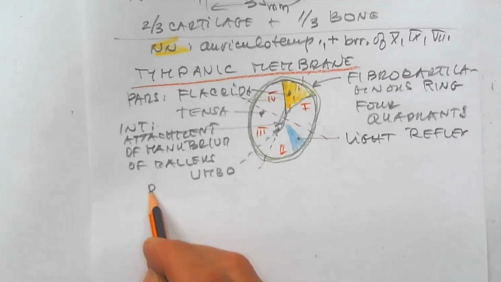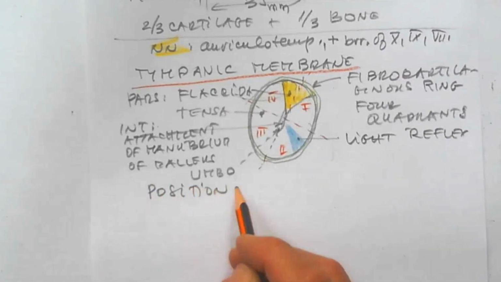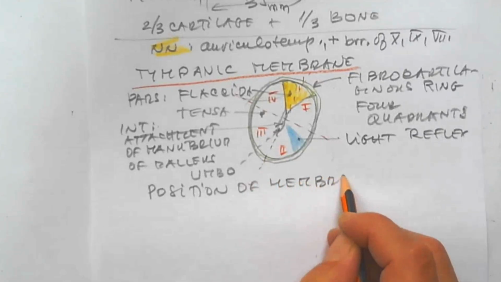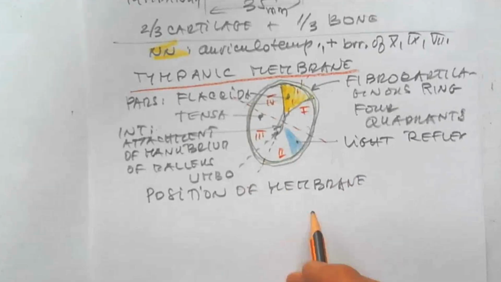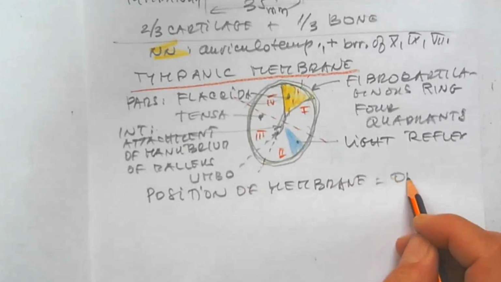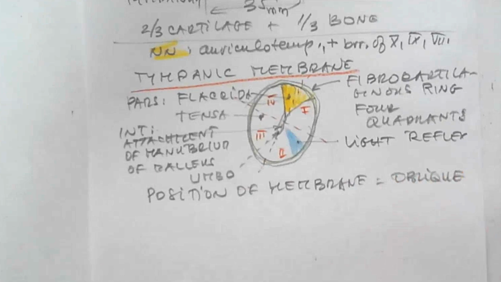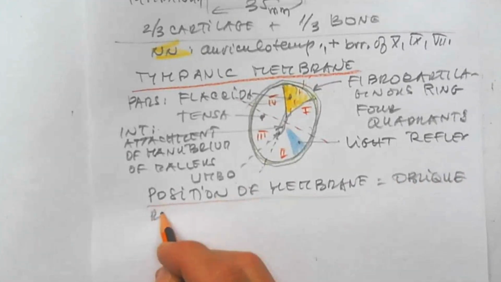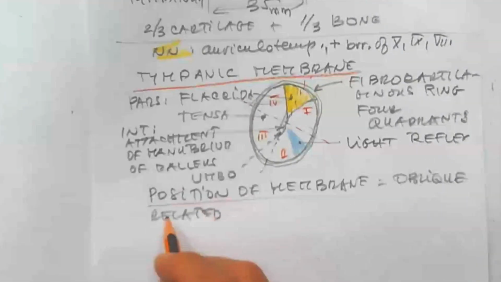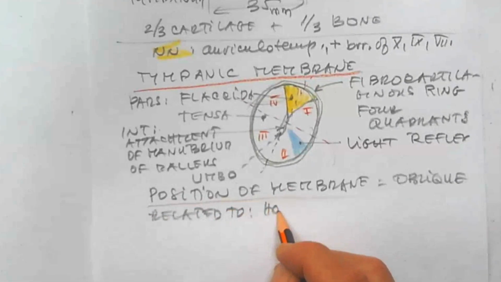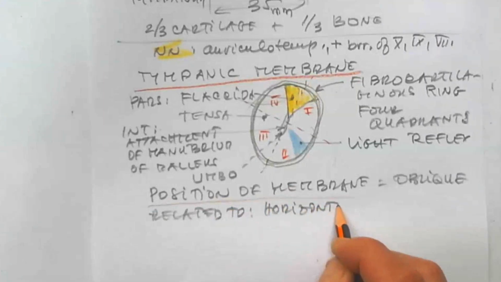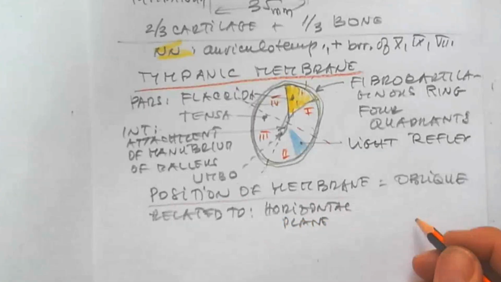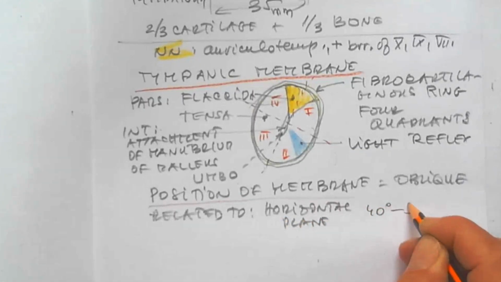Concerning the position of the tympanic membrane, it is not strictly vertical, it's oblique. Related to the horizontal line or horizontal plane, it is around 40 degrees to 50 degrees.